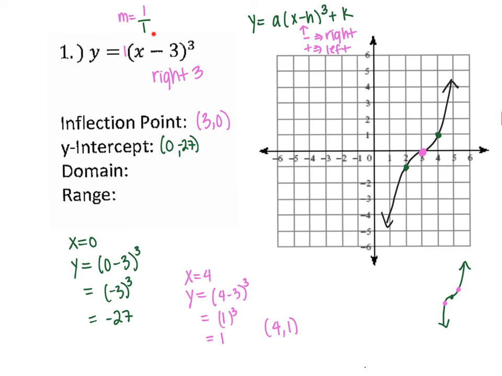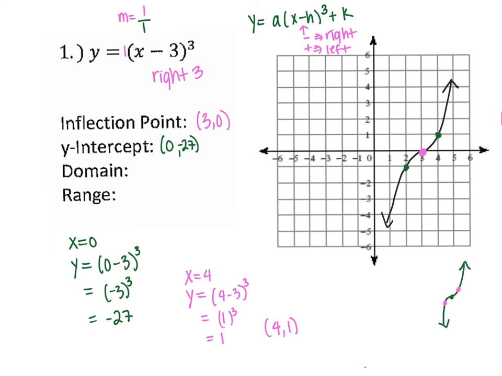So that's another way of finding your 2 points to plot for your cubic function, using the slope. Okay, now I do want to be wary of this. This is something we use that's close to the inflection point, and we're going to do some more practice problems with this.